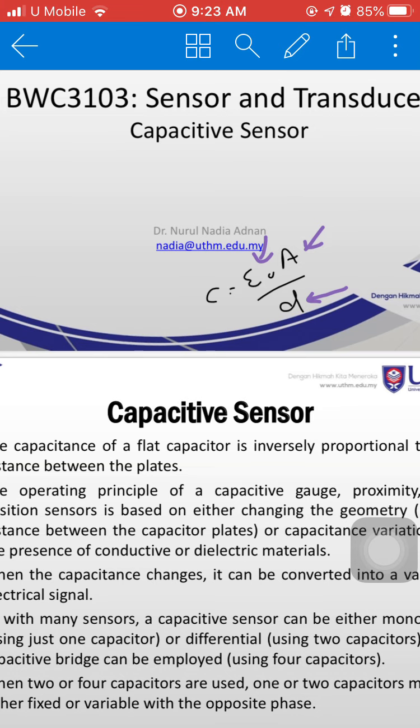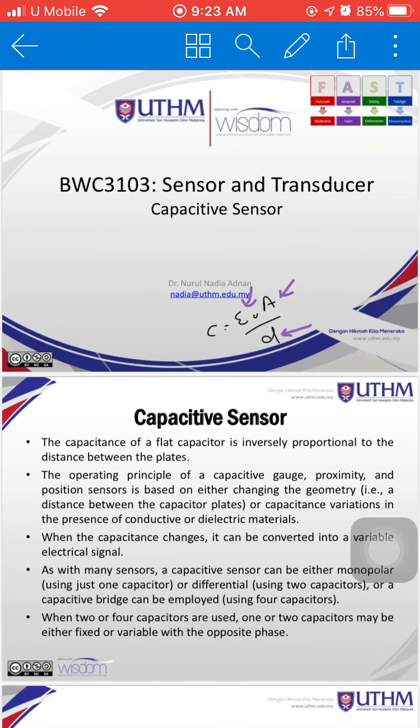Another point is that a capacitive sensor can be monopolar, using just one capacitor, or differential, using two capacitors, or a capacitive bridge, employing four capacitors. When we use two or four capacitors, one or two capacitors may be fixed, or variable with opposite phase.